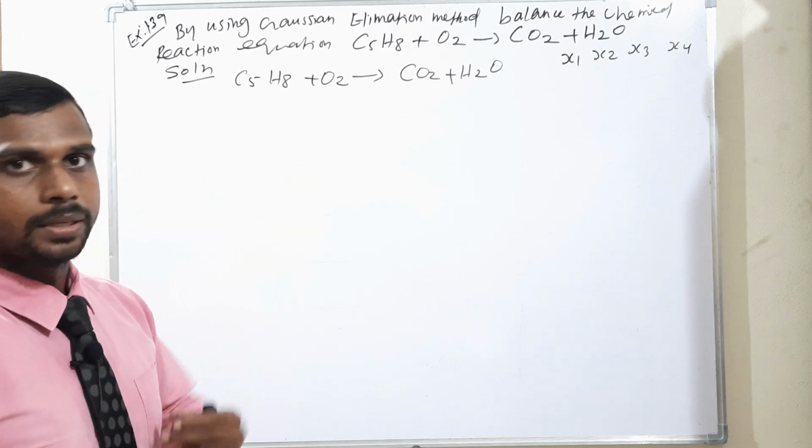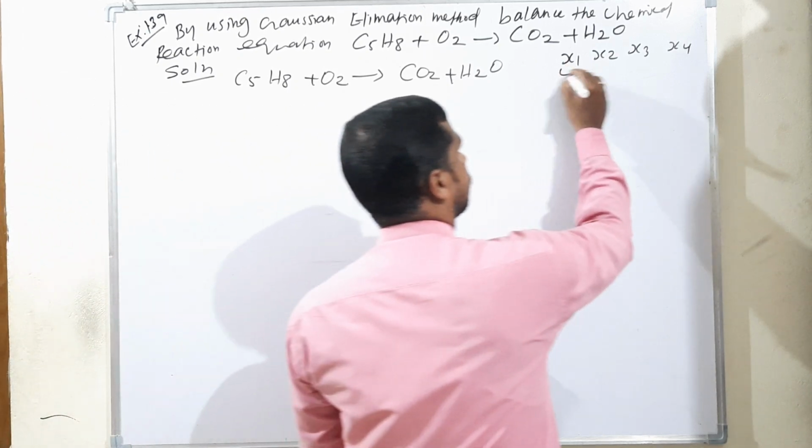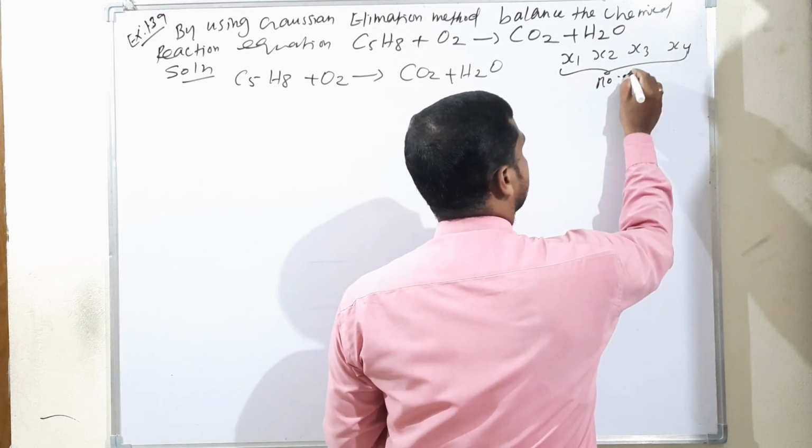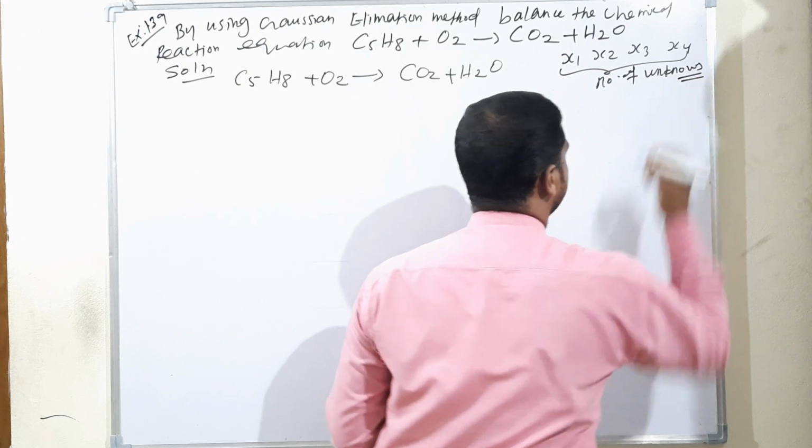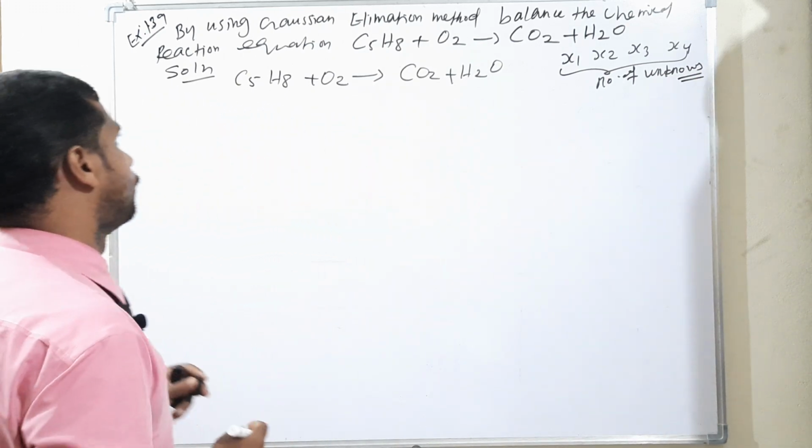So the number of unknowns is equal to 4.